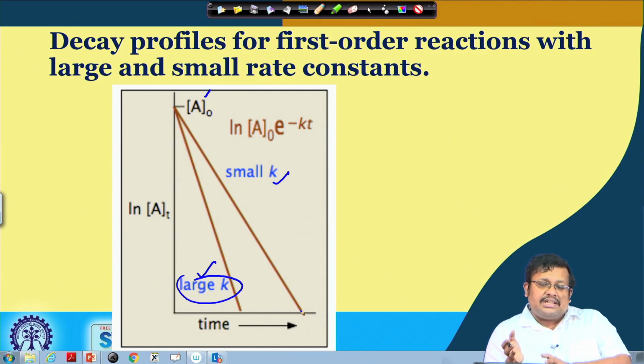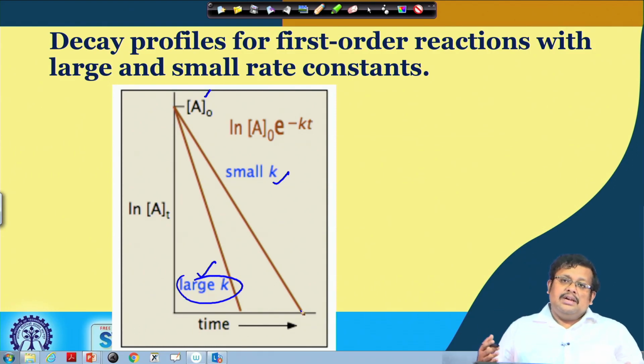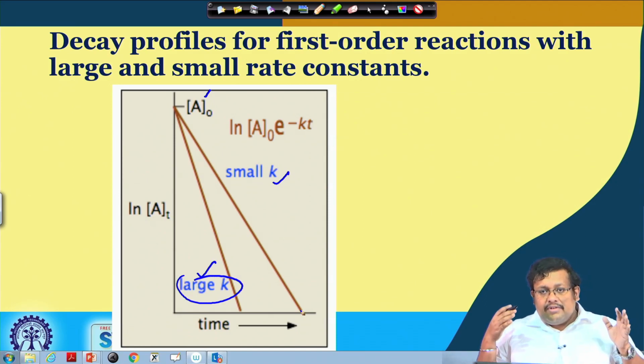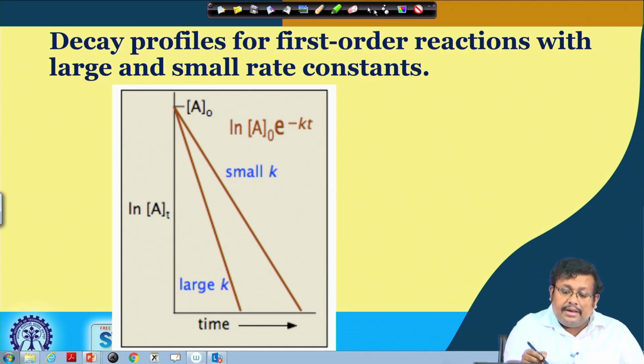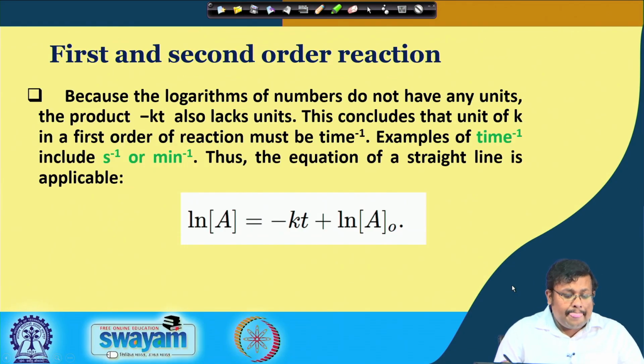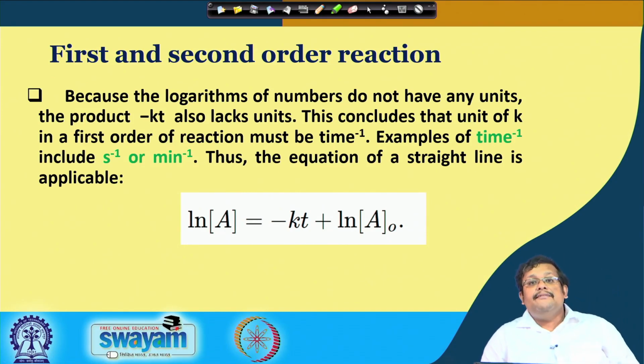So, in any type of reaction, if we plot the reaction time versus the concentration at a particular time, and graphically you see a straight line with a negative slope, then you can be confident that it is following a first order reaction. Because the logarithm of numbers does not have any unit, the product of minus kt also lacks unit.